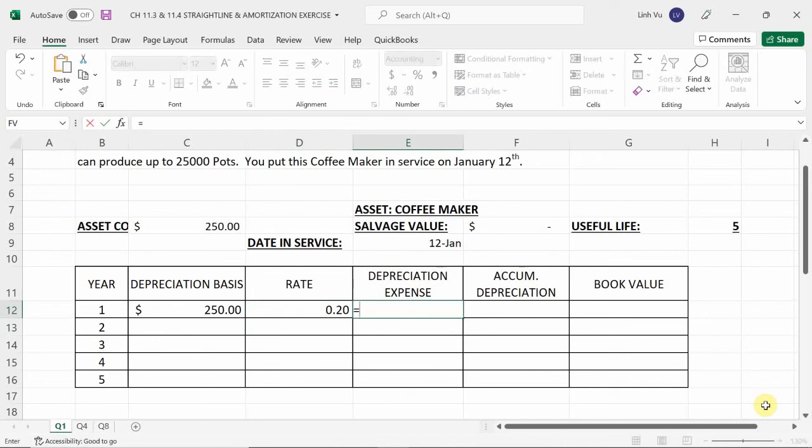Okay. So then, what's my depreciation expense? Expense equals depreciation basis times rate.